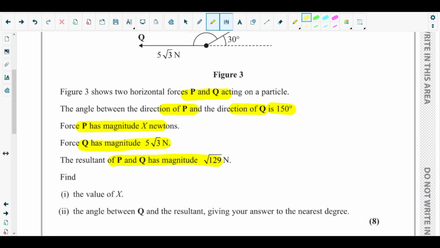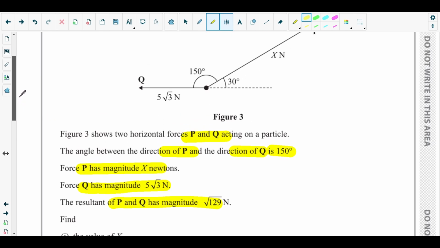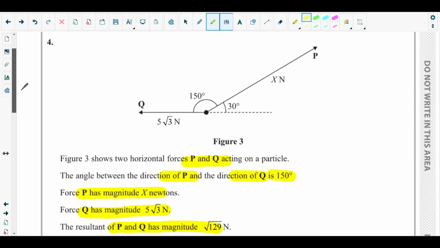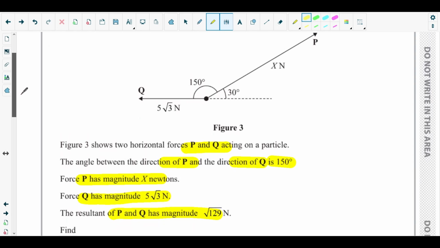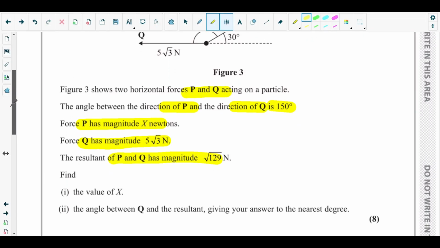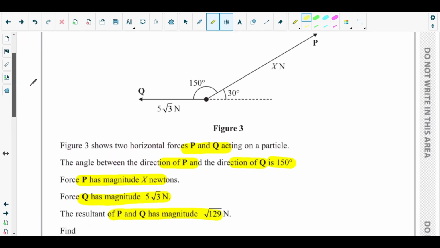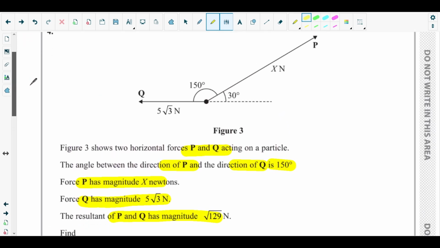So here the resultant force of force P and force Q is given, right? In part 1, they are asking to find the value of x. x is basically the magnitude of force P, right?